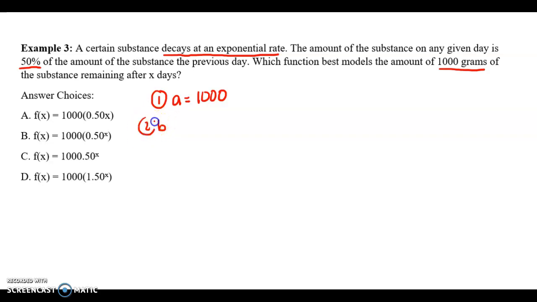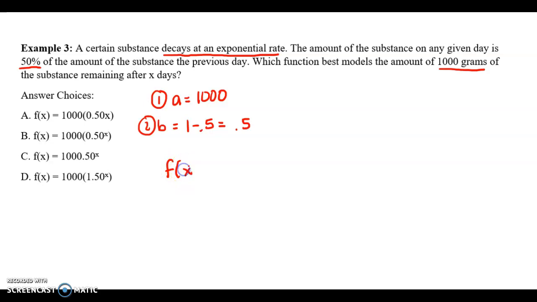Okay, B, or step 2, I need to know what B is, and we know that it's a decay, so it's going to be 1 minus that 0.5, which is 0.5. And so then I'm going to plug it in.